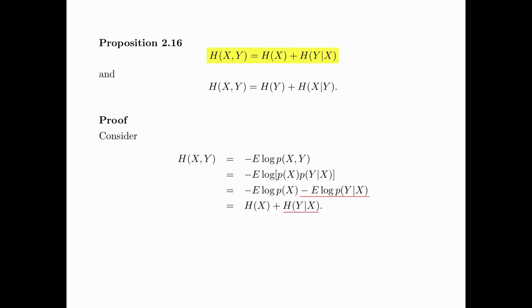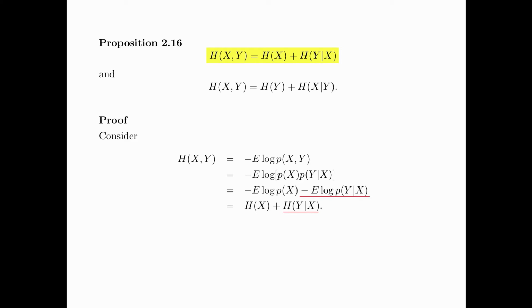The interpretation of this formula is the following. Recall that entropy measures the uncertainty of a random variable or collection of random variables. So H(X,Y) denotes the uncertainty contained in the random variables X and Y. Now on the left-hand side, consider that X and Y are revealed in one step, and so the uncertainty is equal to H(X,Y). Now on the right-hand side, imagine that we reveal X and Y in two steps.